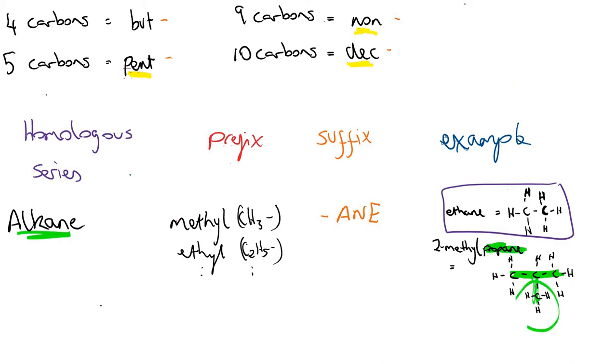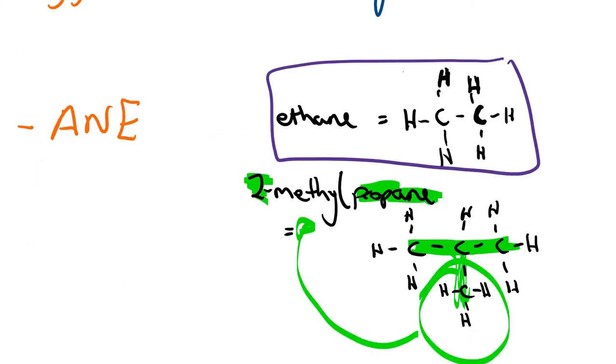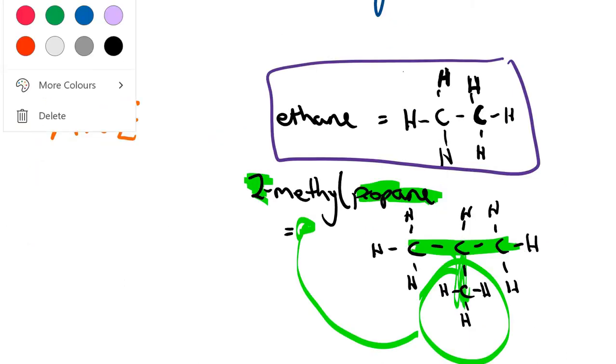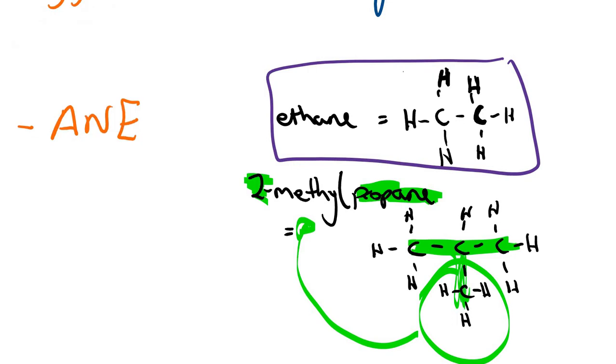But because there's a substituent, which is a group that comes off a main chain, like that, which has 1 carbon in it, and it's just a carbon with hydrogens with single bonds, therefore it's a methyl group. And the number 2 tells me that the methyl group is attached to carbon number 2 on my longest chain. So just to recap, we know it's an alkane, so it's going to end in ane.